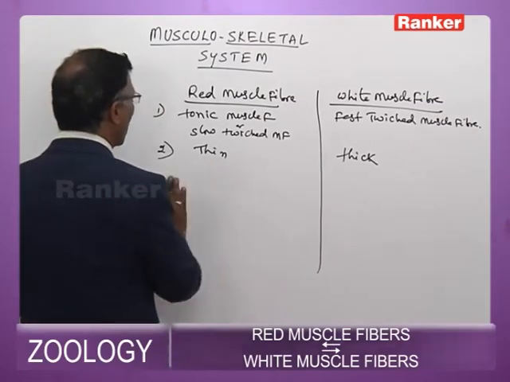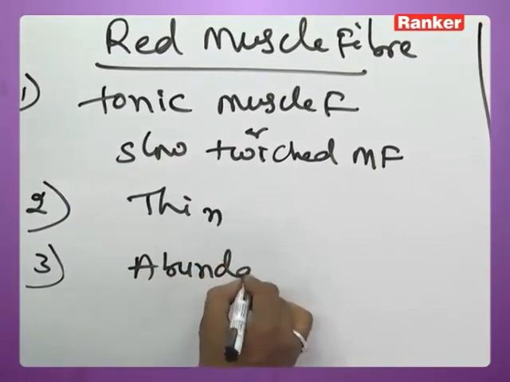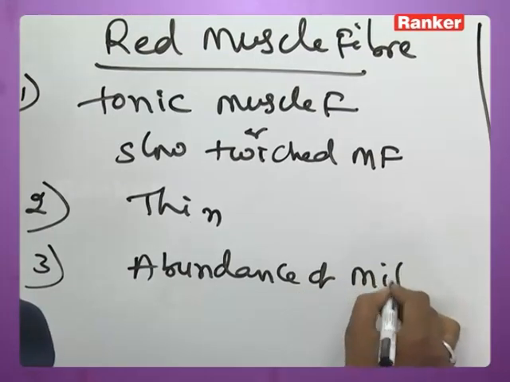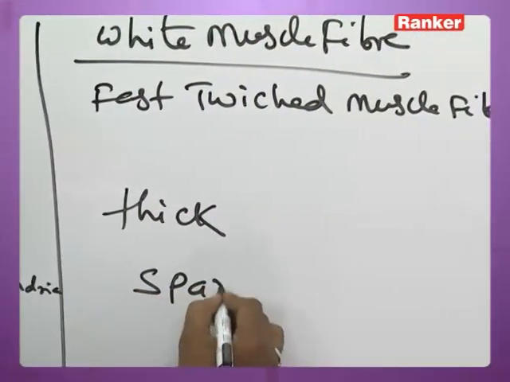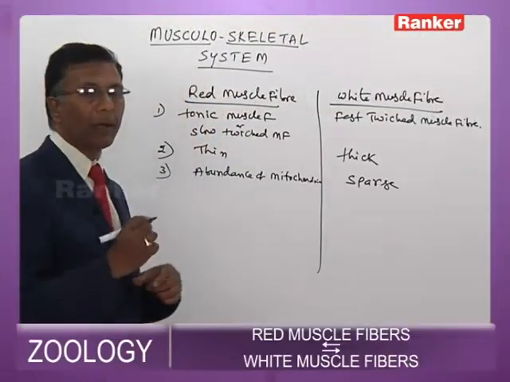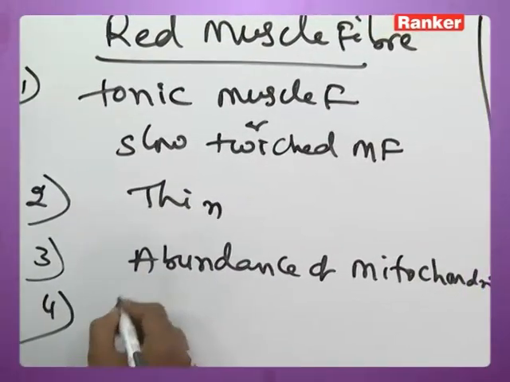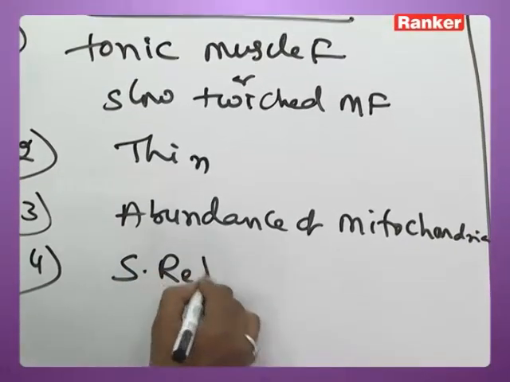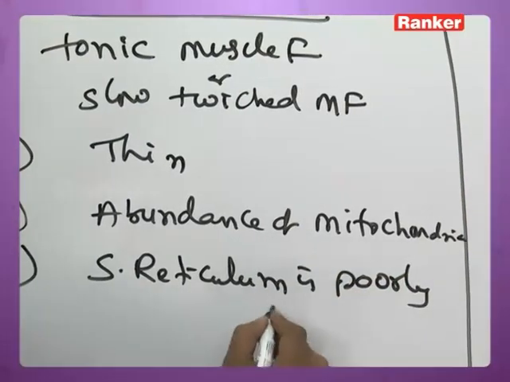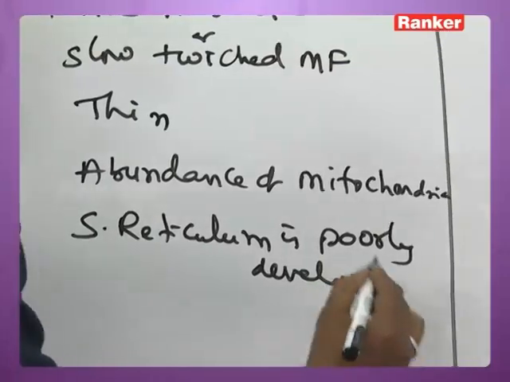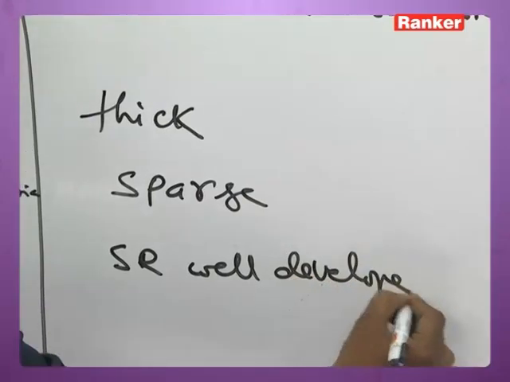Now, the red muscle fibers have an abundance of mitochondria. Mitochondria are sparsely developed in white muscle fibers. In red muscle fibers, the sarcoplasmic reticulum is poorly developed, whereas SR is well developed in white muscle fibers.